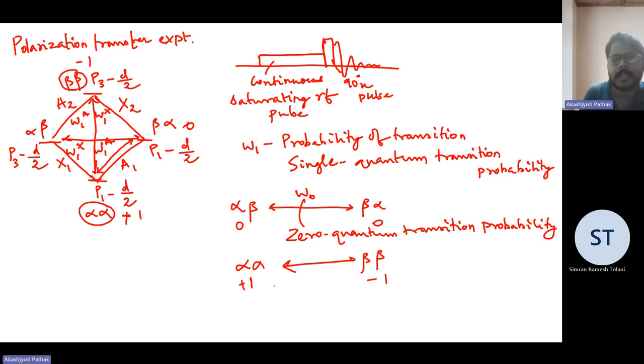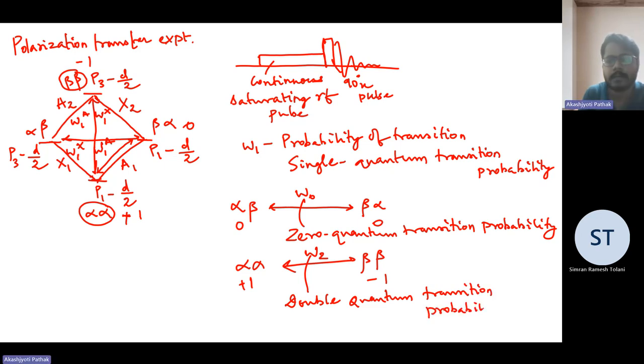So the net change is one minus of minus one, so two. This is denoted by omega two, and this is called the double quantum transition probability. So we got the terminologies clear.